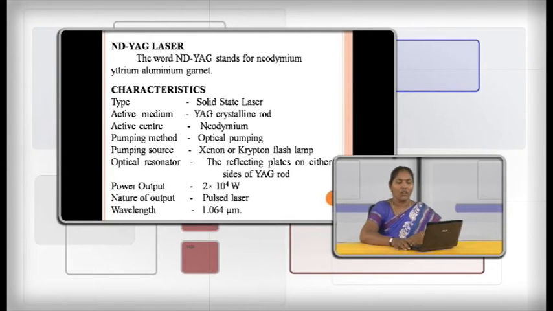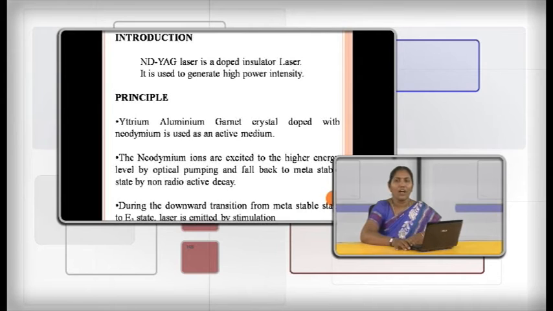The Nd:YAG laser is a doped insulator laser. It is used to generate high power intensity. Principle: here the yttrium aluminum garnet crystal is doped with neodymium ions, which is used as the active medium.